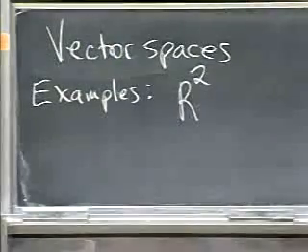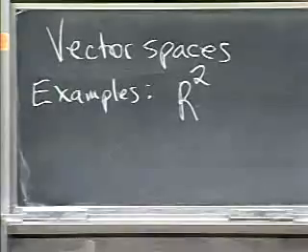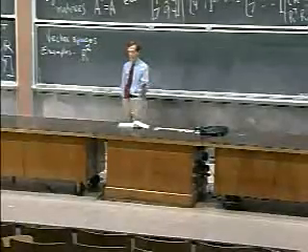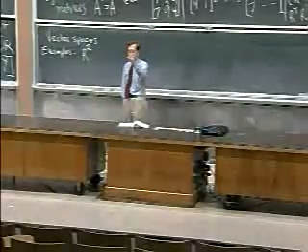What's that vector space? R2 is telling me I'm talking about real numbers, and I'm talking about two real numbers.